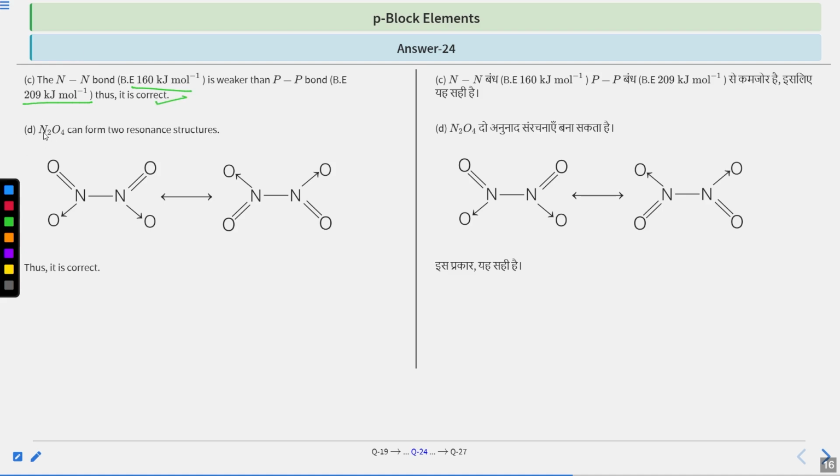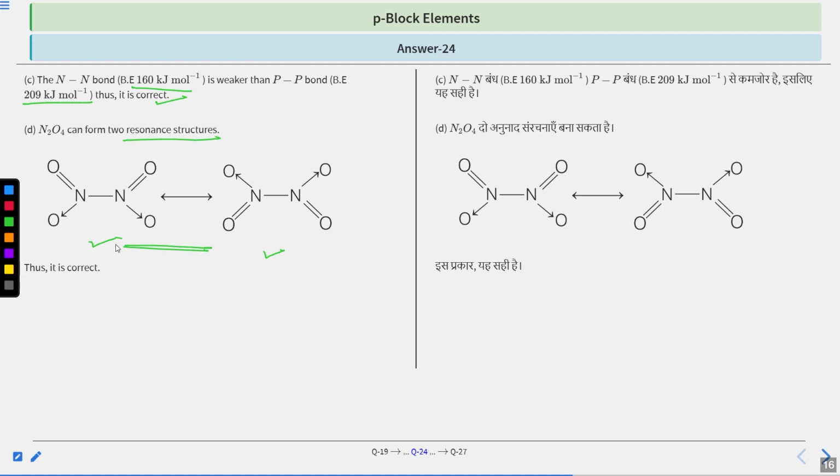In the D option, it is given that N2O4 can form two resonance structures. You can see there we have two diagrams of resonating structures of N2O4. Basically, we just change the position of oxygen around the two bonded nitrogens, and we get the two resonating structures for the N2O4 molecule. That means option D is also a correct statement.